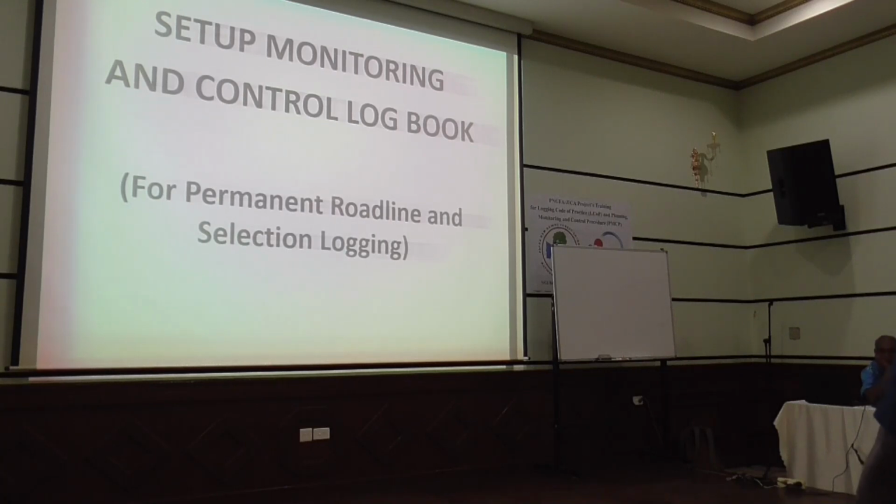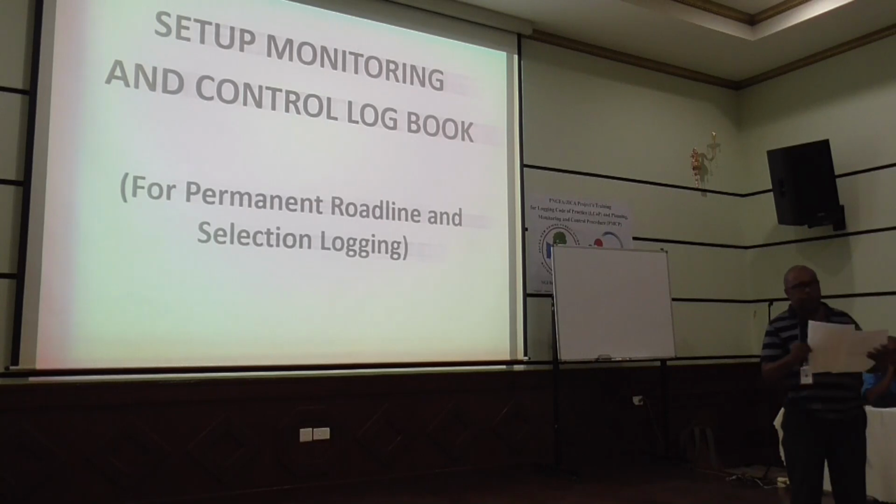The project supervisor has to have a checklist that he will use to check the compliance of the company. And then if he is satisfied that the company is compliant with, say, at least 80% of the annual plan and logging code of practice, then he will endorse the plan and submit it to the provincial office. But I'd like us to develop that checklist like the one that we use in the provincial office, so that he doesn't just endorse the plan anyhow and then pass the plan to us.